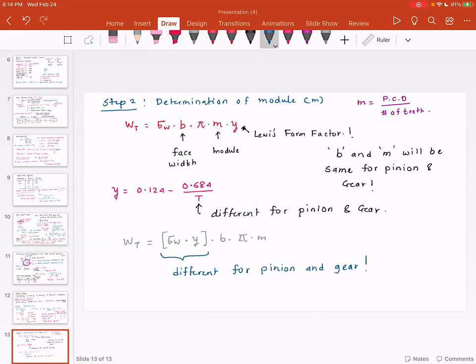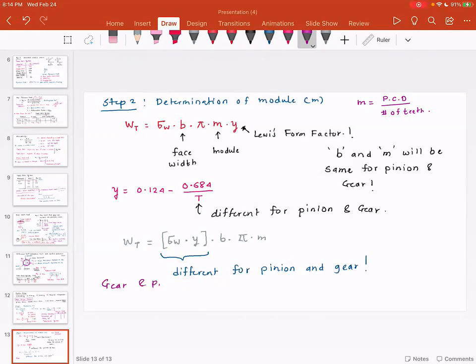Which means the product of sigma W multiplied by y is going to be different for the gear and the pinion.